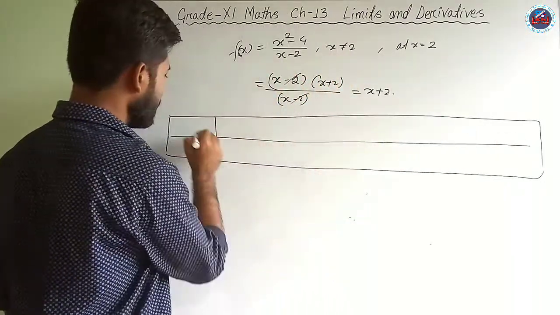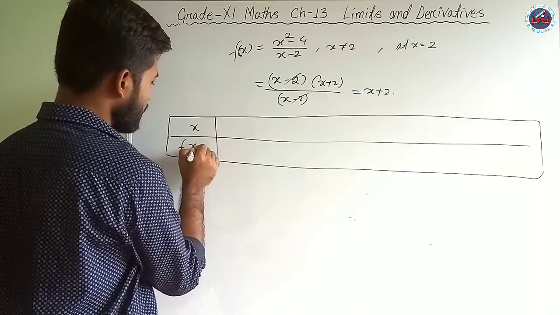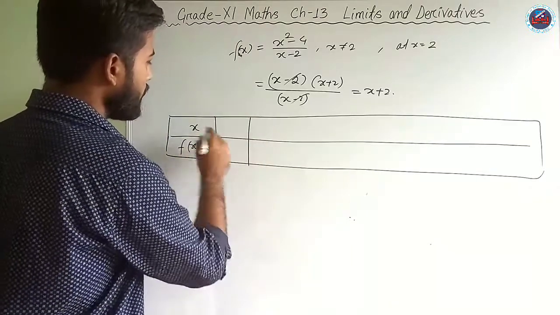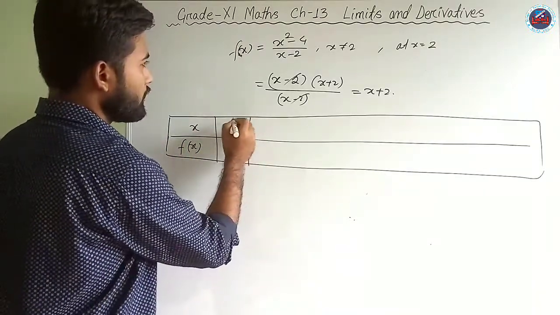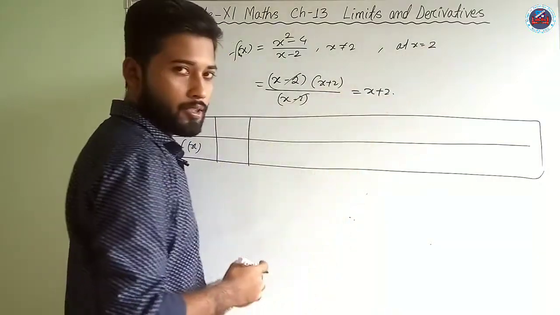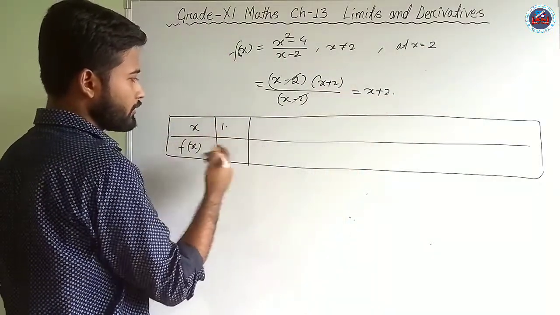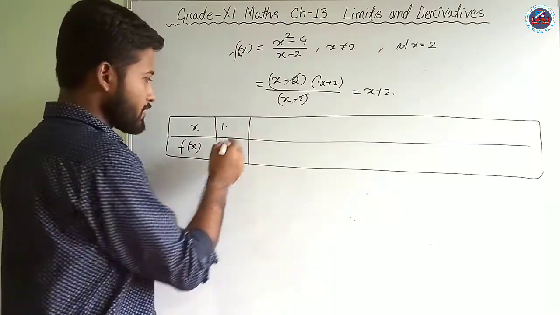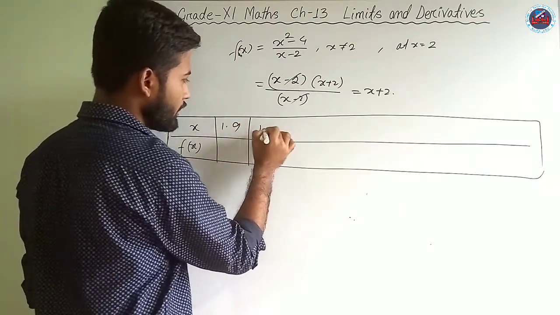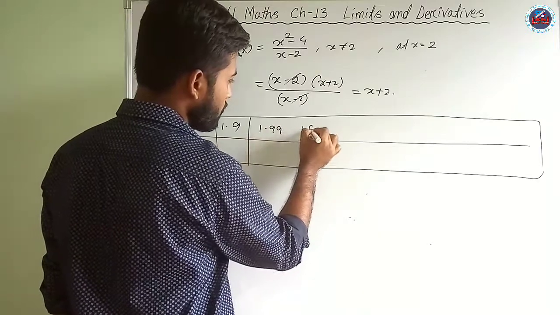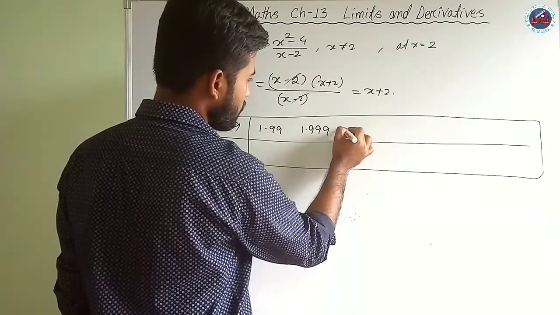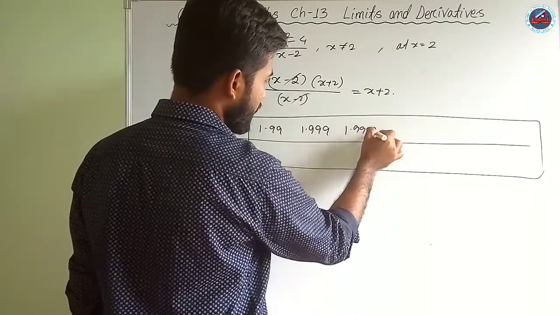If this is our table, x and f of x. Now in case of x, we want to check the limiting value at the point 2. So let us take the points on the left hand side. At first let us take 1.9, then 1.99, 1.999, 1.9999 and so on.